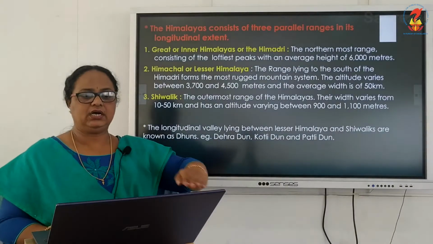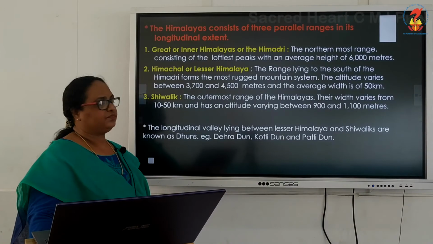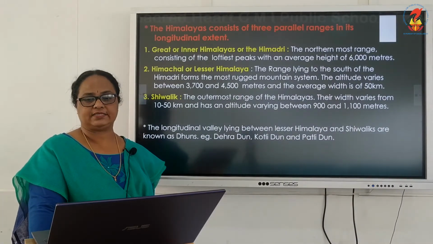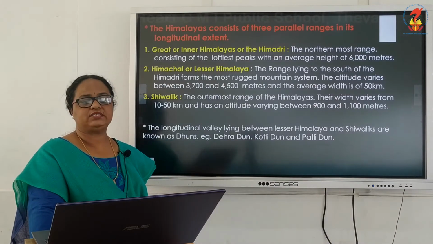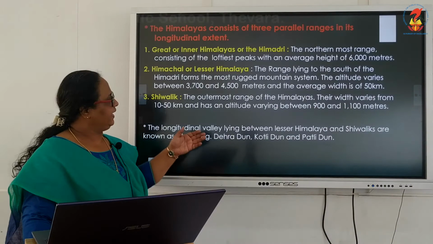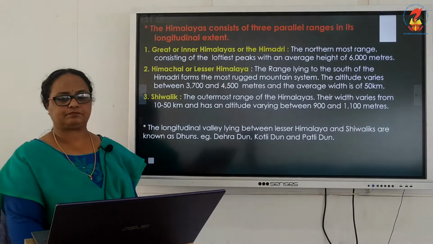Then we have the third one, down below the Lesser Himalayas, that is Shivalik, which is the outermost range of the Himalayas. Its width varies from 10 to 50 kilometers and it has an altitude varying between 900 and 1100 meters.